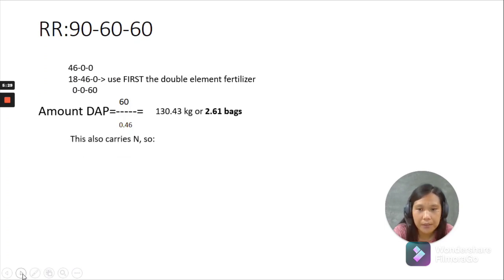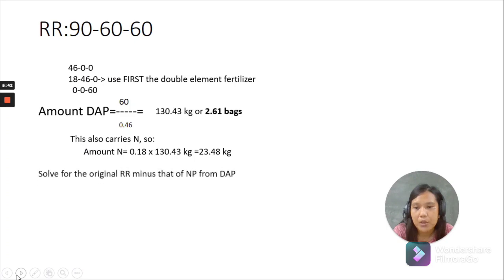So this also carries nitrogen. So the 130.43 kilograms times 0.18 is equal to 23.48 kilograms. Solve the original recommended rate minus the nitrogen and phosphorus from diammonium phosphate.